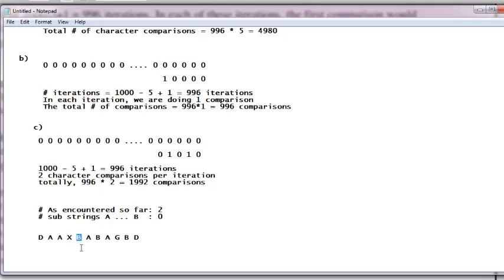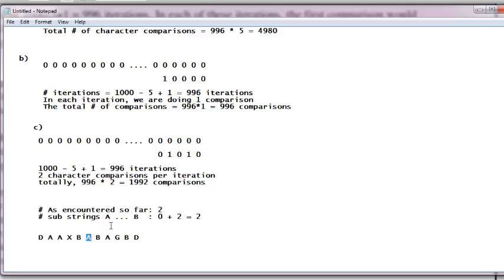Then X is not an A or a B. Now we are looking at a B, right? So the algorithm is, once you encounter a B, just add the number of substrings you have found so far to the number of A's you have encountered so far. That's going to be 0 plus 2, so 2. So 2 is the number of substrings from A to B you have encountered on this string from D to B. Okay, so then continue.